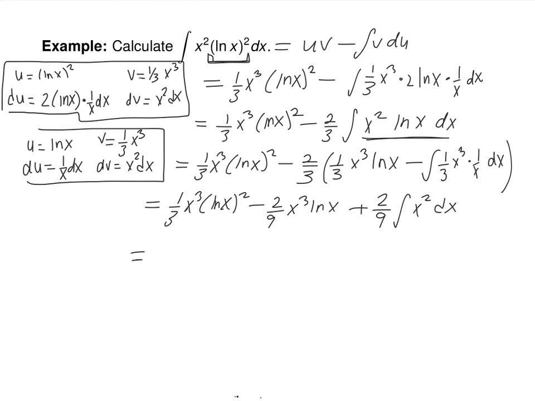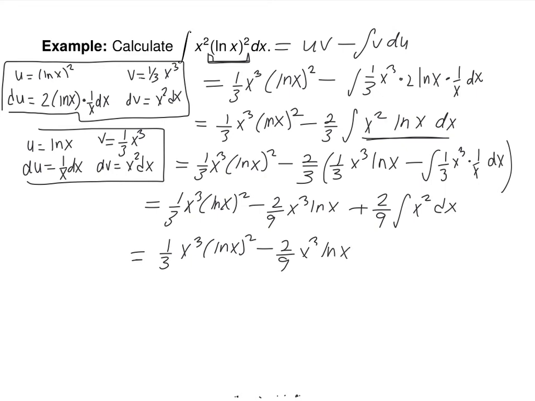So we have our antiderivative is 1/3 x cubed times ln of x squared minus 2/9 x cubed times ln of x.